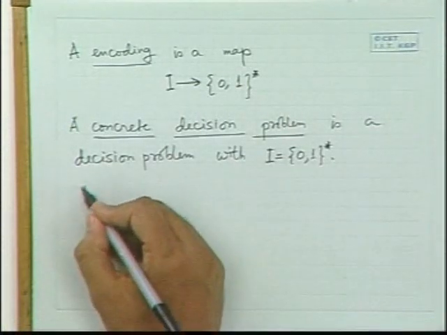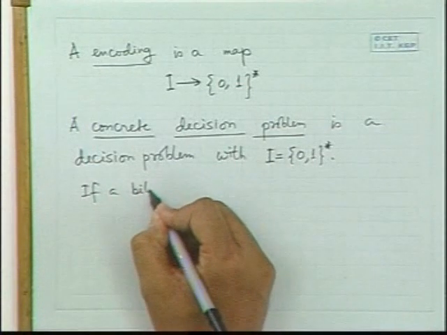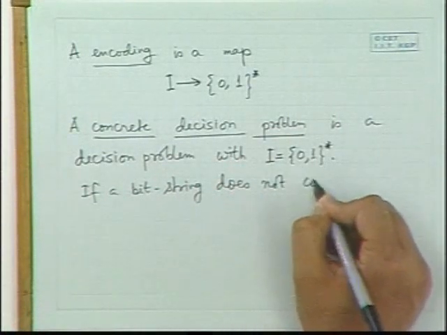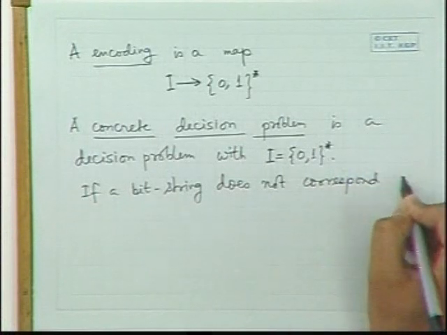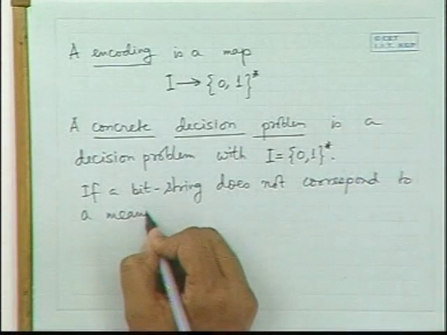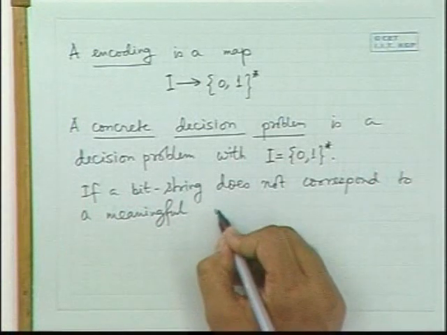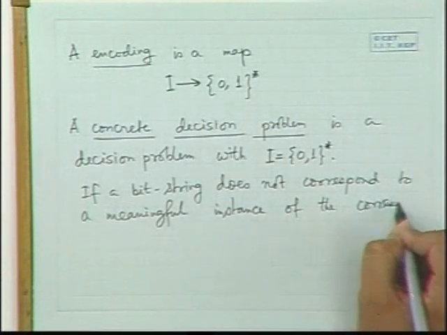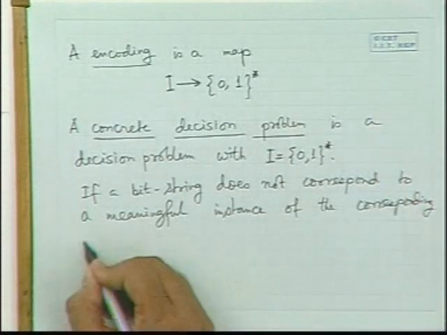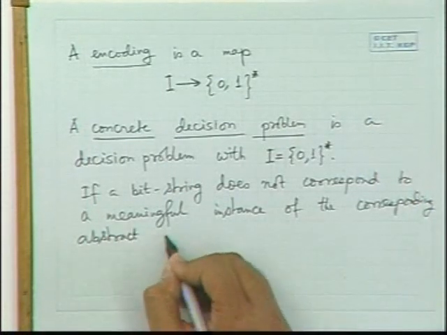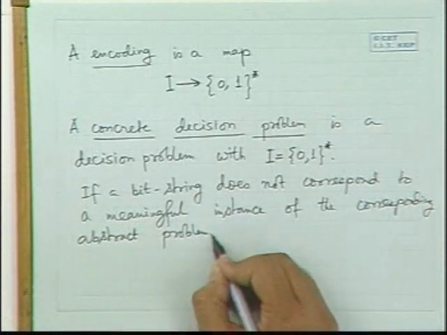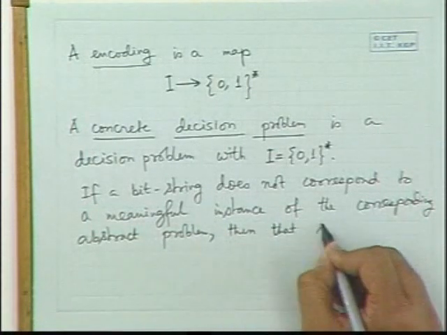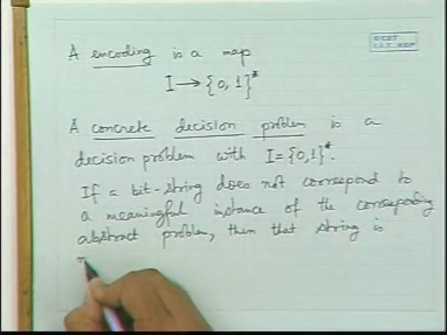So I am going to write: if a bit string does not correspond to a meaningful instance of the corresponding abstract problem, then that string is mapped to 0.